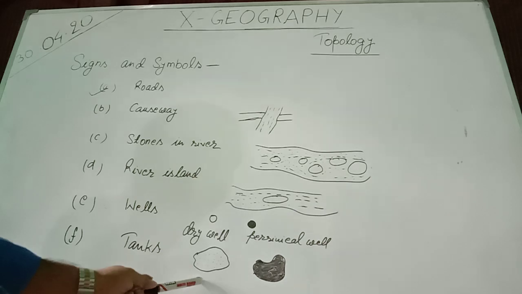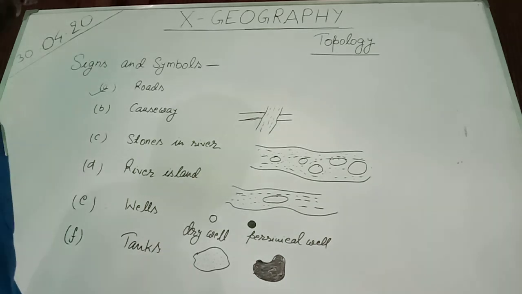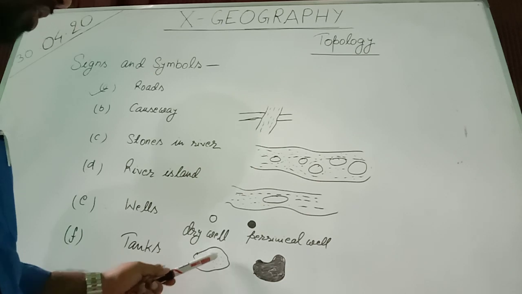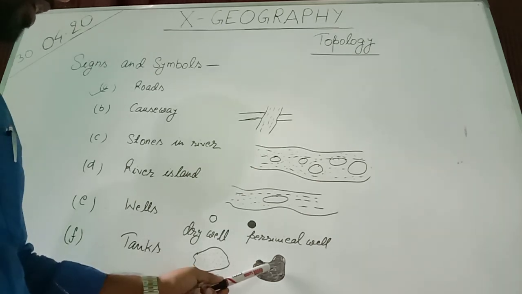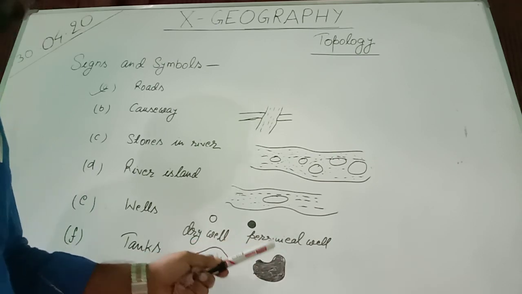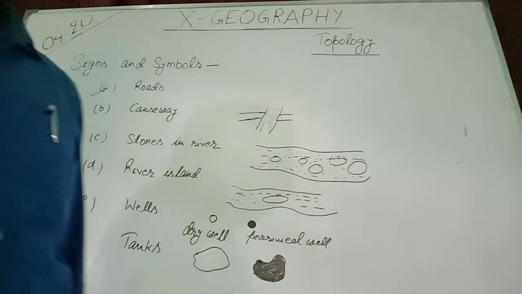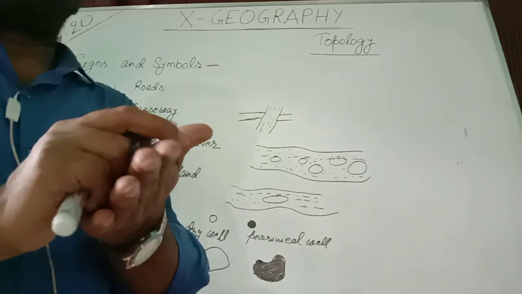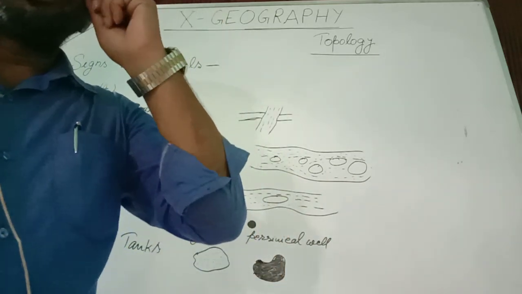Those are dry tank and perennial tank. In dry tanks, this kind of sand particles you will find on the symbol, and the perennial tank will remain printed shaded in blue color. Today, till this much. We will see more conventional signs and symbols in the next class.